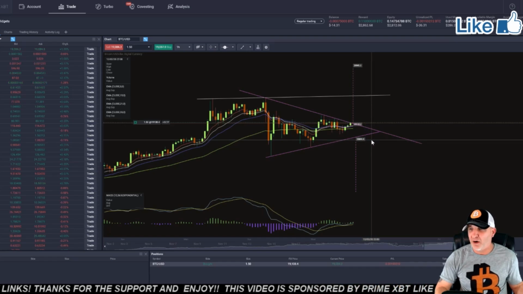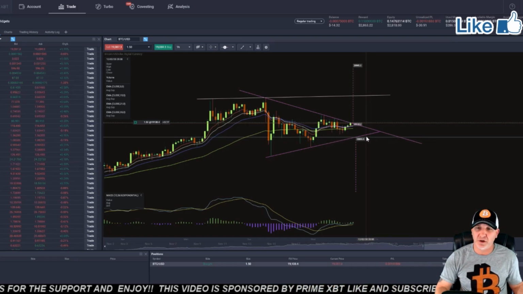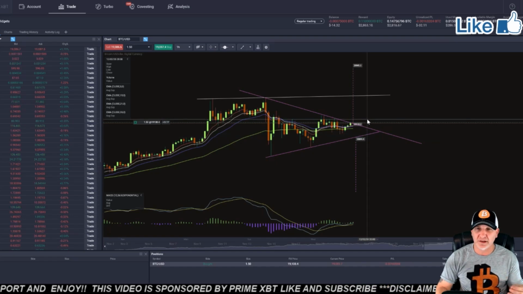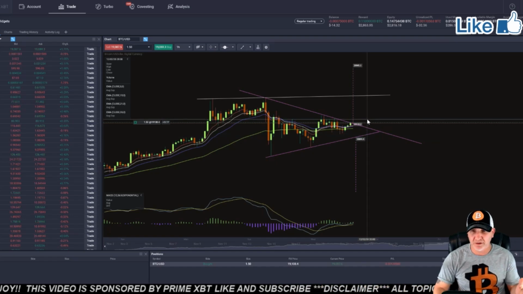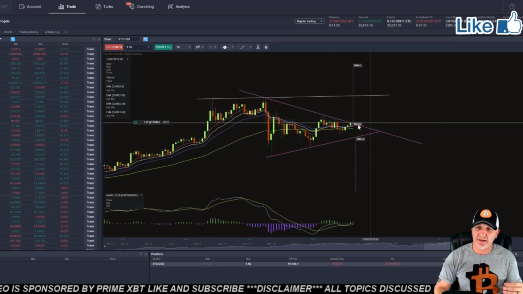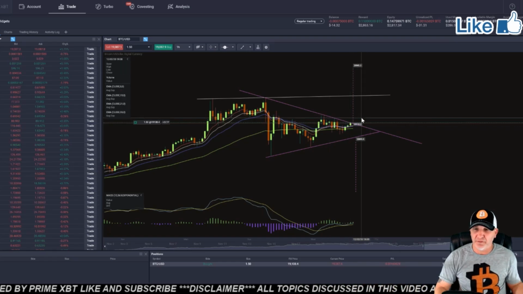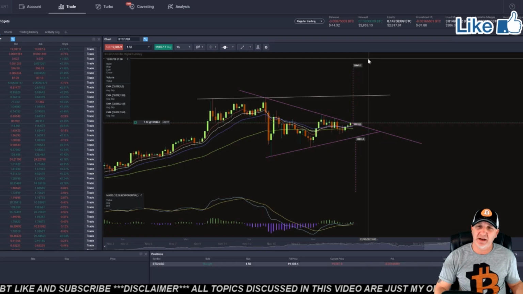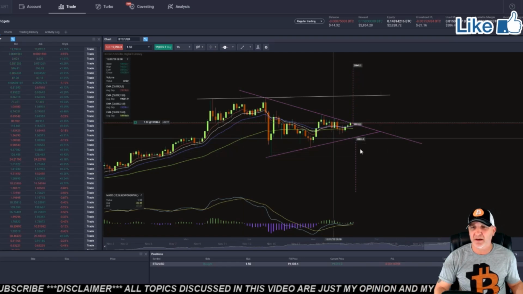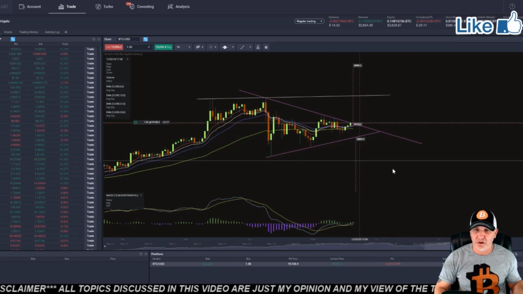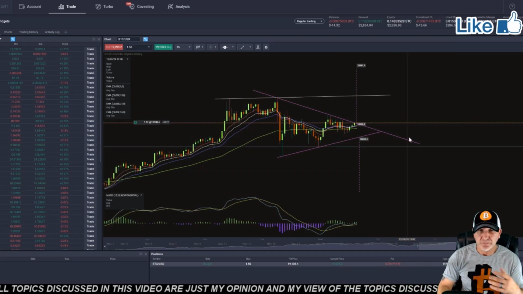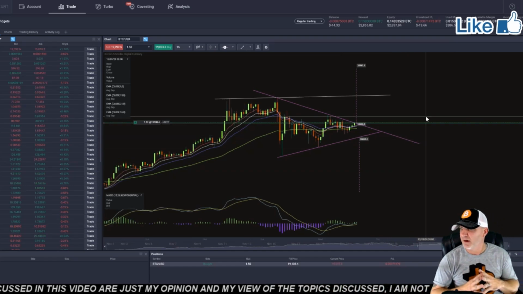Or if it broke down at 18.6, you wanted to go short. You can put both those orders in on one cancels other. And what happens is if say it went up, it broke up and it caught that order, it would automatically knock out the other order. So you wouldn't have to worry about it. But just another cool feature.